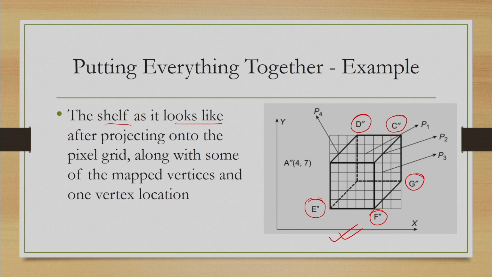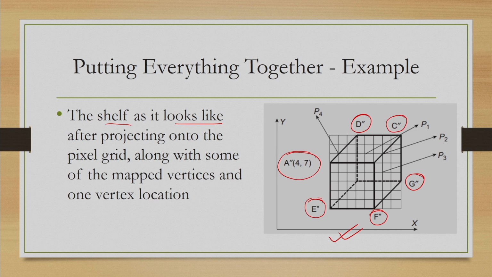So, f double dash belongs to f dash, e double dash belongs to e dash, and so on. And in the projected scene, we have mentioned one vertex coordinate, so that other coordinates can be derived.